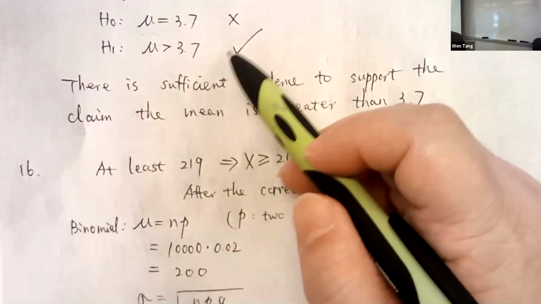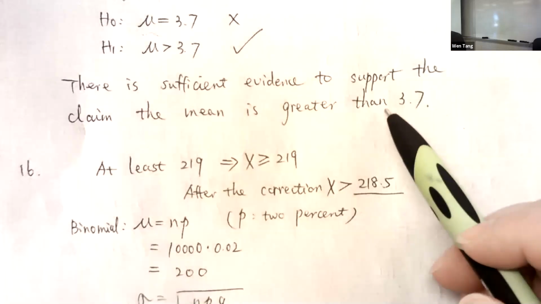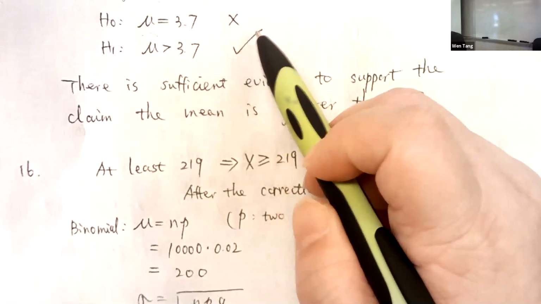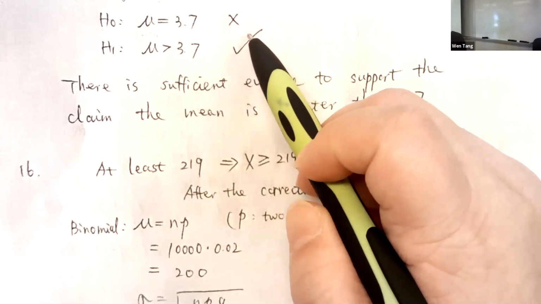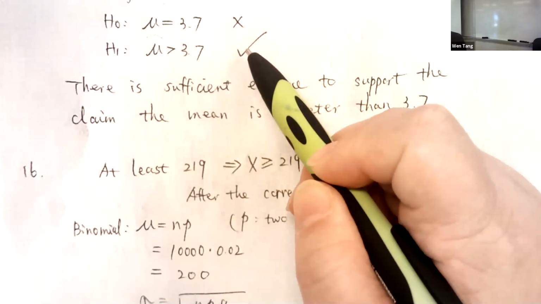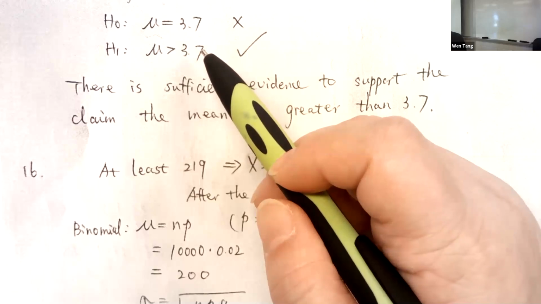Which claim? The mean is better than 3.7. We rejected this, and we're going to take this. So there is sufficient evidence to support the claim. Which claim? This claim: the mean of the evaluation is better than 3.7.